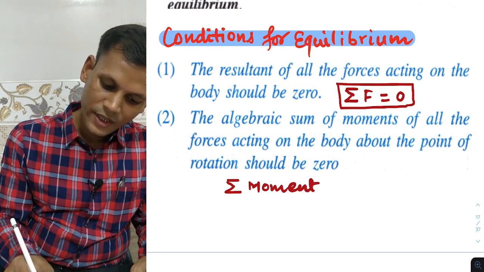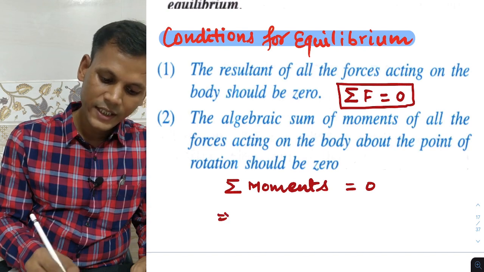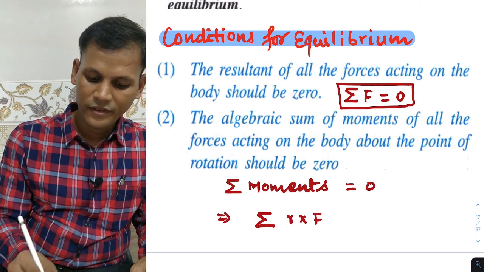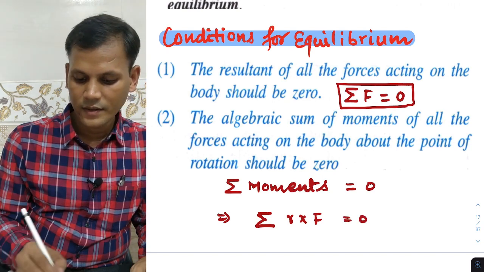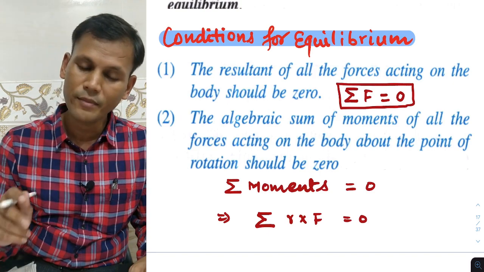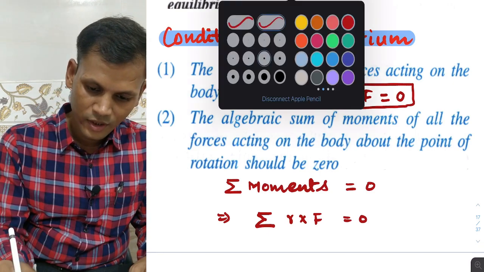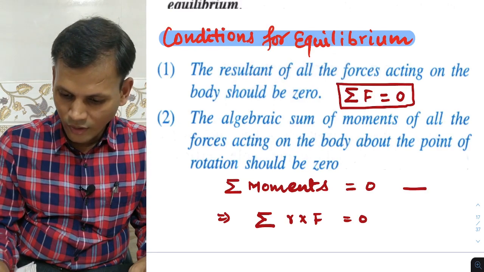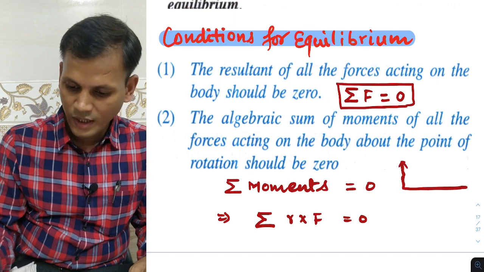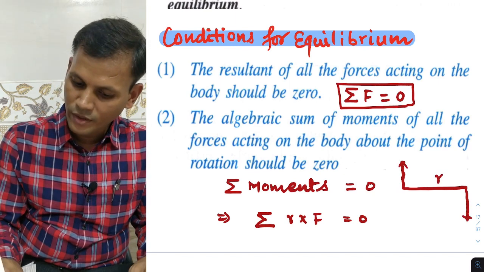Sum of moments will be 0, or we can write it as summation of r into F is again 0, because in r into F, r is the perpendicular distance between two forces. Here I can draw the diagram to remind you: one force is applying in this direction, another force in this direction, and this is the distance between the two forces.